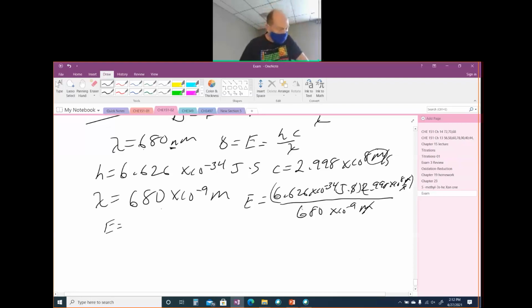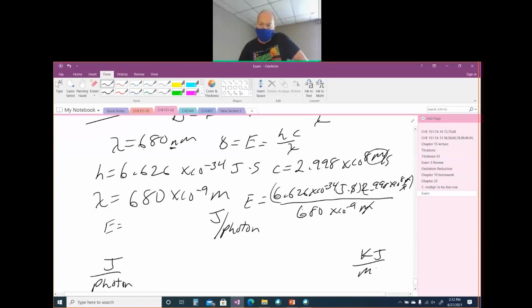All right, but we want our units in kilojoules per mole. So this energy, when I push it, is the energy of a photon. So this is joules per photon. Then we're going to take our joules per photon, and we have to get the kilojoules per mole, is what the question says. In order to get to kilojoules, we have to get rid of joules.